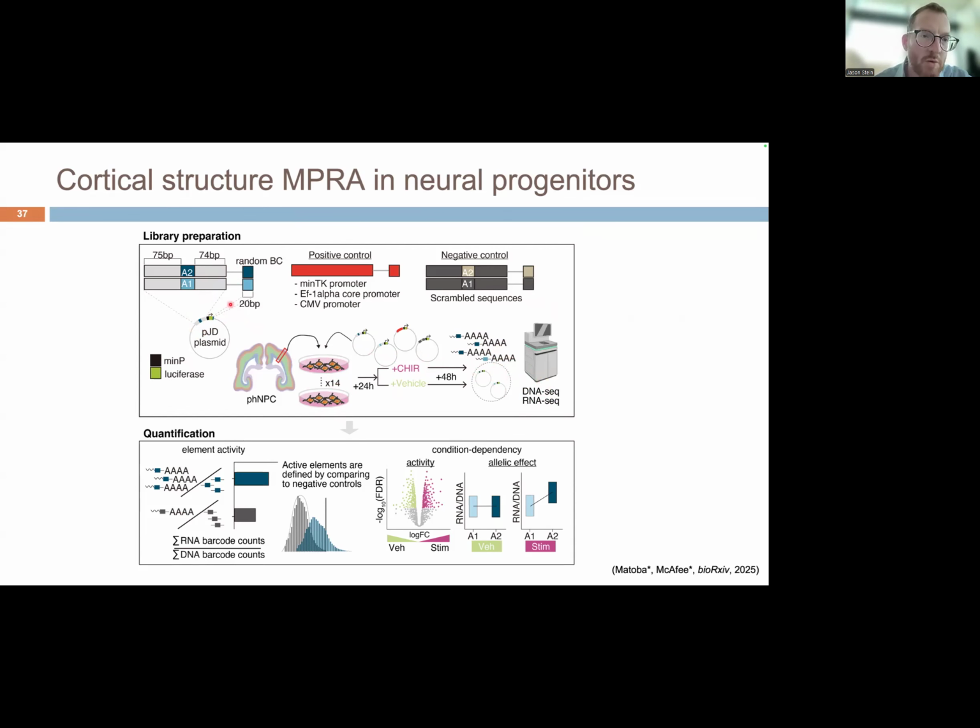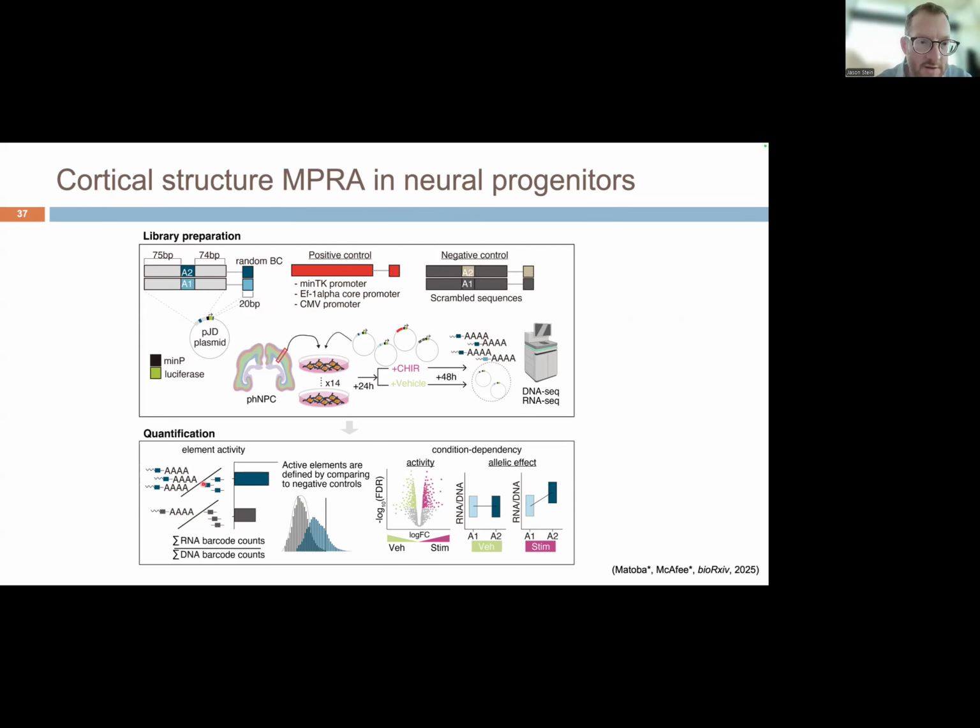We did this with both the ENIGMA and caQTL data, as well as positive controls. These are promoters that are commonly used to drive large amounts of gene expression. So we expected high barcode counts for these. And negative controls, which were just 150 different scrambled sequences from the ENIGMA library.